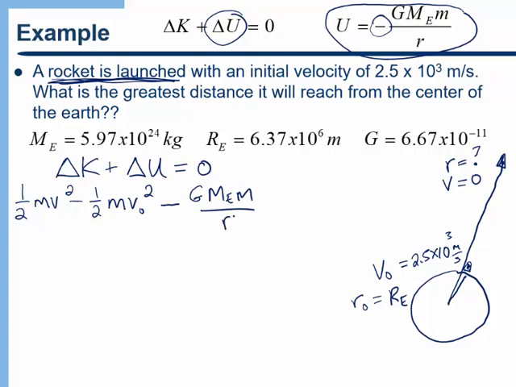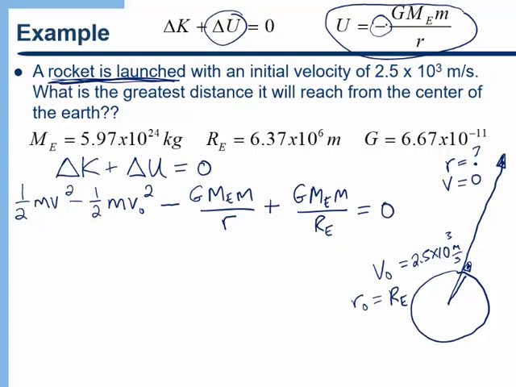And so our final r is what we're trying to find, and then plus G mass of the Earth, mass of the spaceship, divided by the initial distance between the two, which again is r naught. And in fact, let me go ahead and just write that as RE. Okay, and that's got to equal 0.